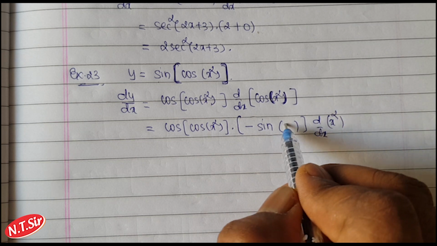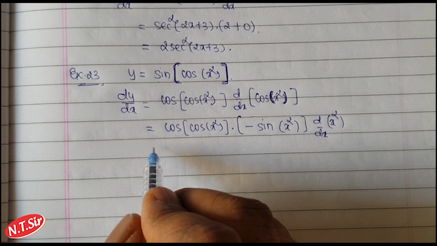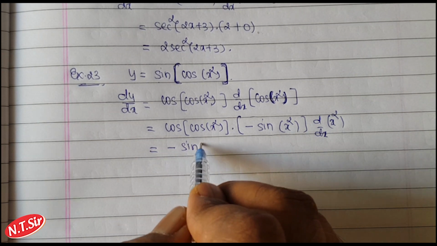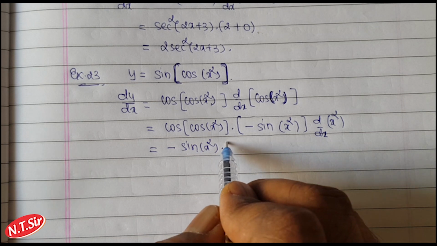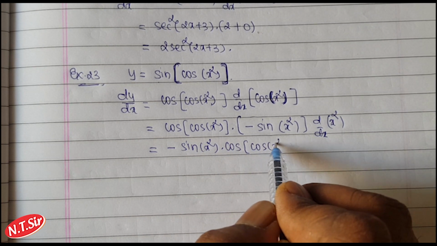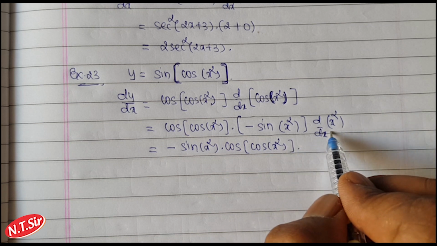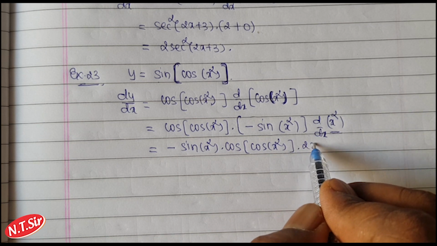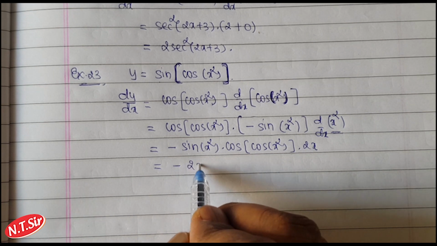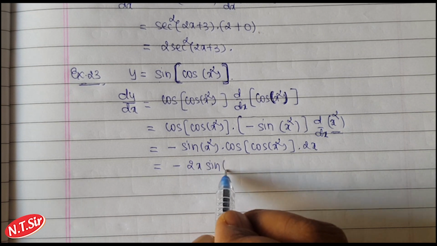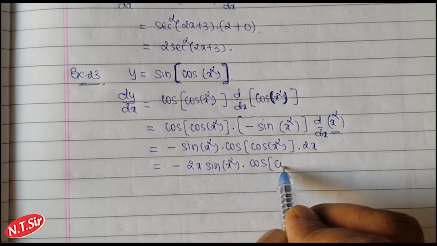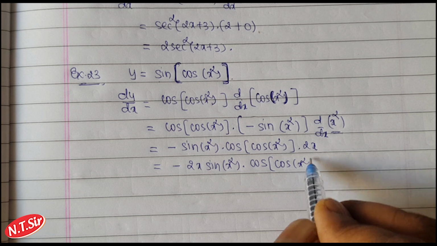So your answer will be minus sine x square into cos of cos x square and derivative of x square is twice x. So the final answer is minus twice x sine x square cos x square.